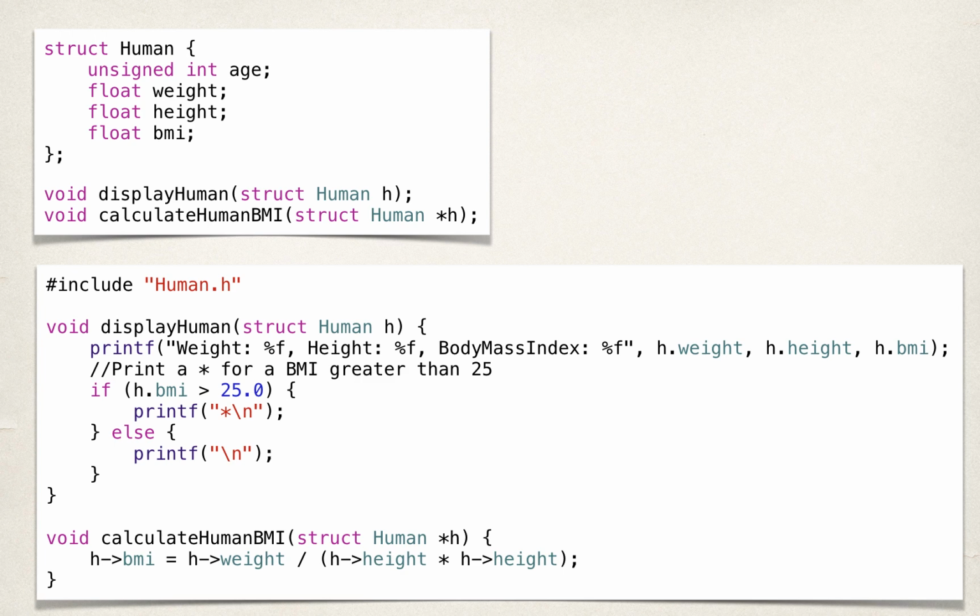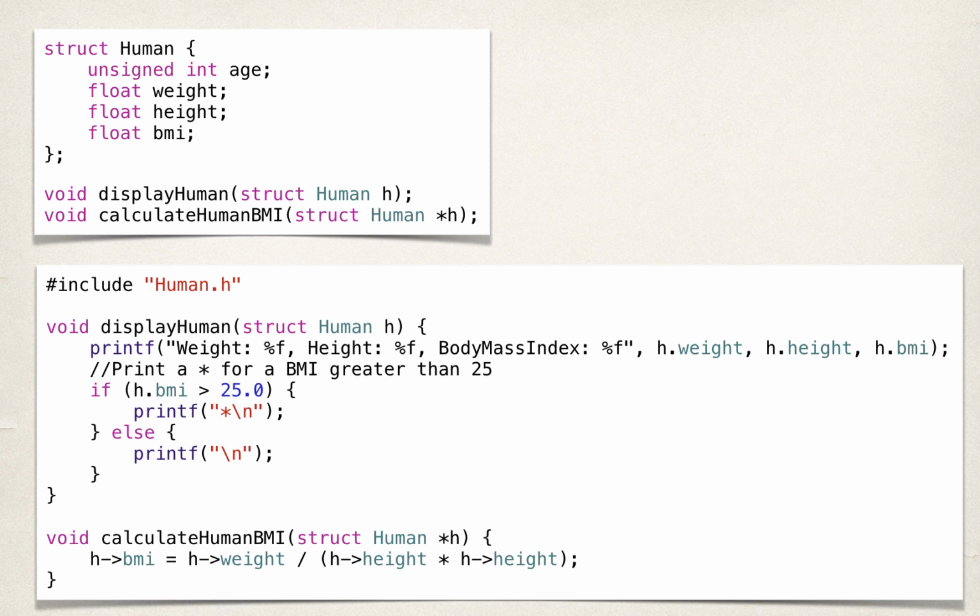So in the case of the display one, you may have many instances of human. You can have struct human Fred, struct human Rod, struct human Shirley, whatever it is. And we need to know which of those variables we're operating on when we call this function.